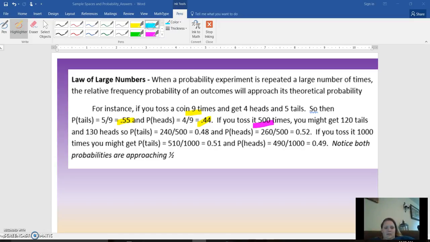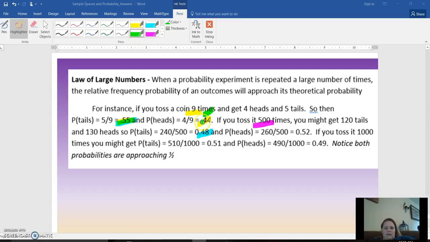And so let me show you. So then your tails is decreasing, they're going to go towards the theoretical probability. For example, the theoretical probability of a coin is 1/2. 1/2 chance of getting heads, 1/2 chance of getting tails.